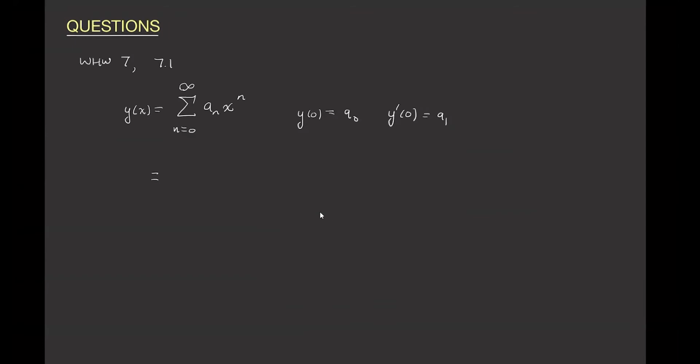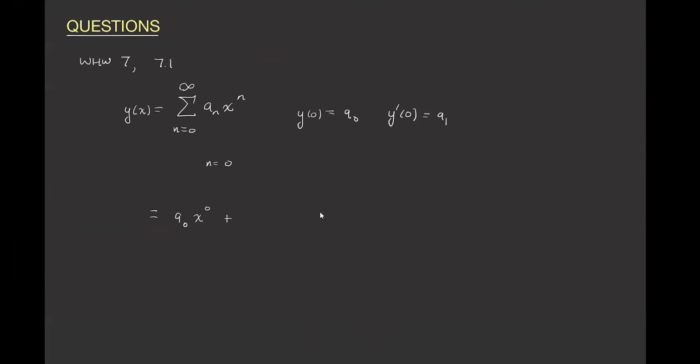But what this series notation here means is that you have a sum where you start at the index n is equal to 0, and then you increase it by 1 each time. So first you have n is equal to 0, which gives you a naught x to the 0.